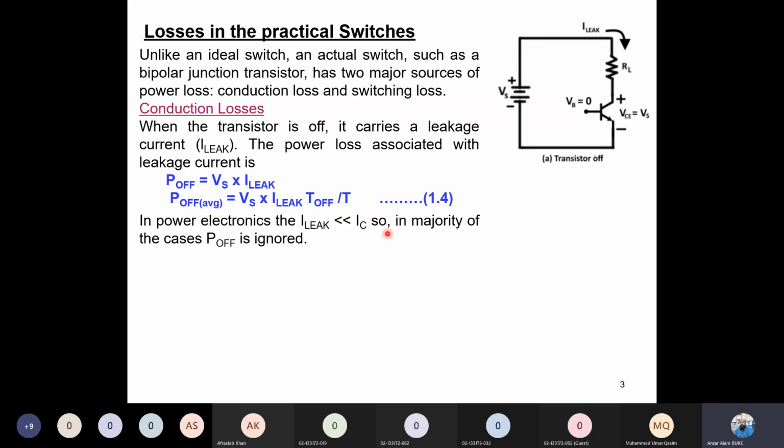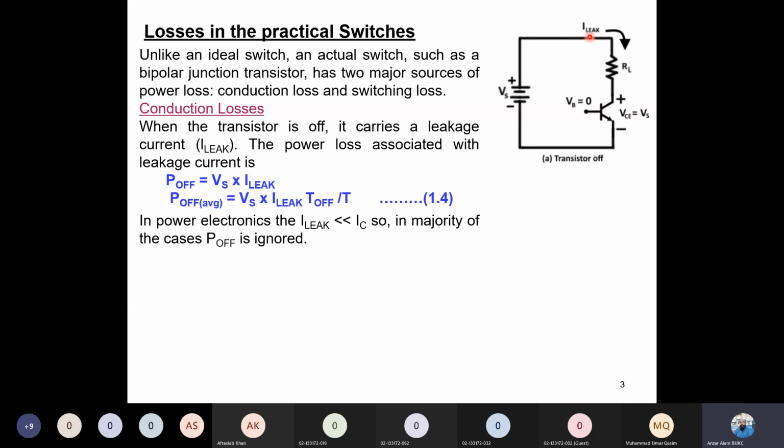In power electronics, I leakage is very small compared to the main current. How? If this is a power electronic circuit, it's just normal to have a flow of about 100 amperes. Although 100 ampere is just average, it can be thousands of amperes, 2000 amperes, it can be. So if this is a power electronic circuit, and suppose the current is 100 amperes, the leakage current can be in the range of milliamperes or less.